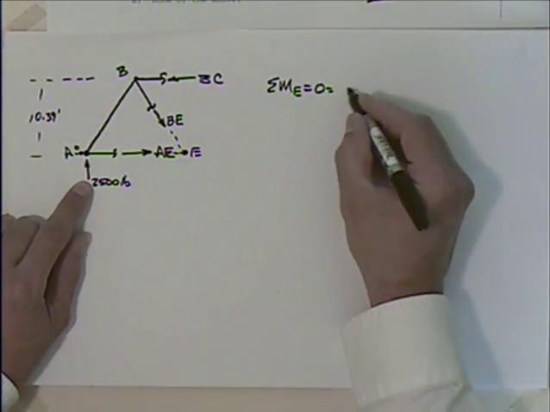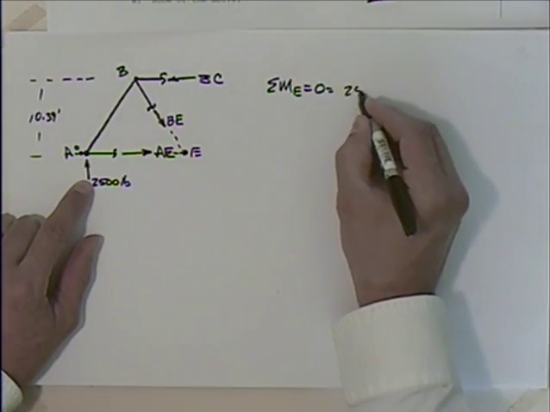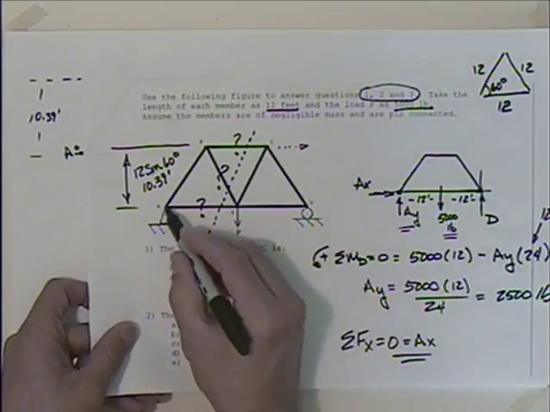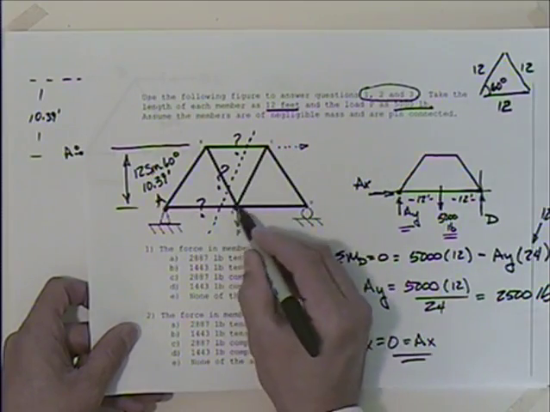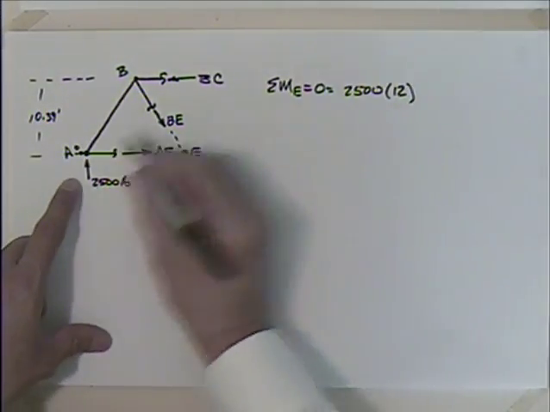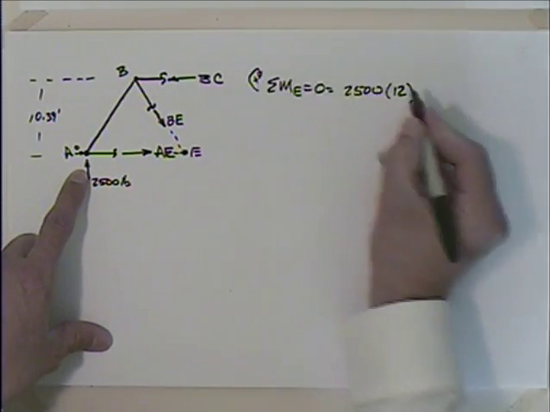Well, I have this 2,500 times what's the distance from A to E right there. That's the 12 feet, isn't it? So I'm going to have 12. And that's going to tend to rotate it that way, so I'll go ahead and take that as positive.